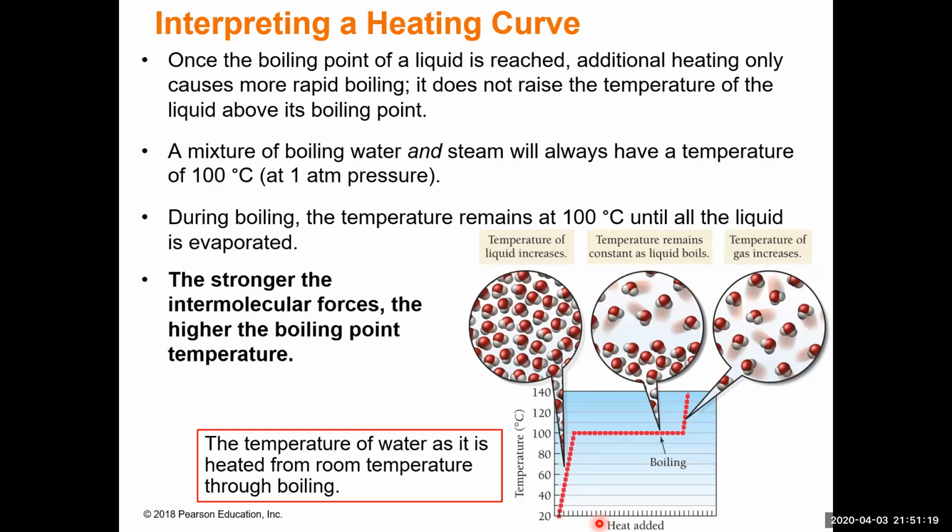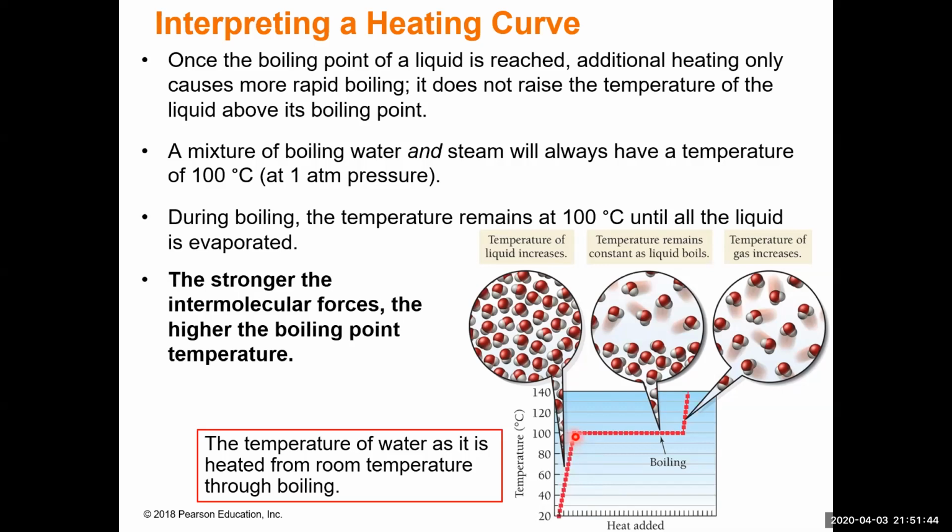What we see is that here is our boiling point. At this point, between 20 degrees and 100 degrees, our water is in liquid state, and we're increasing temperature as we add more heat, but we're still in the liquid phase.